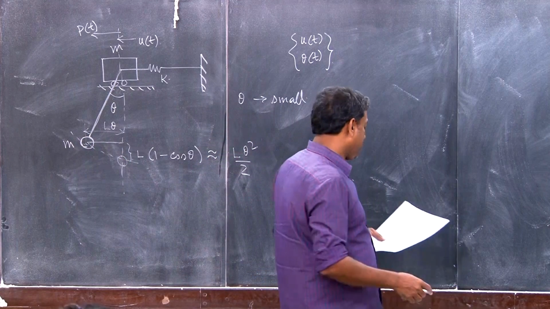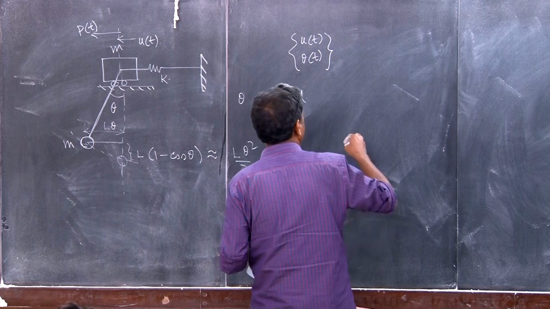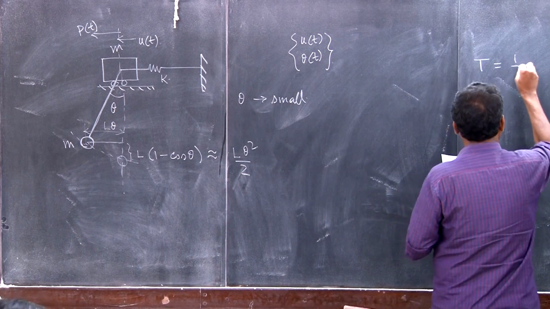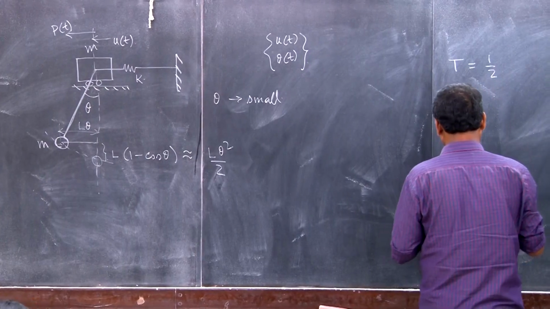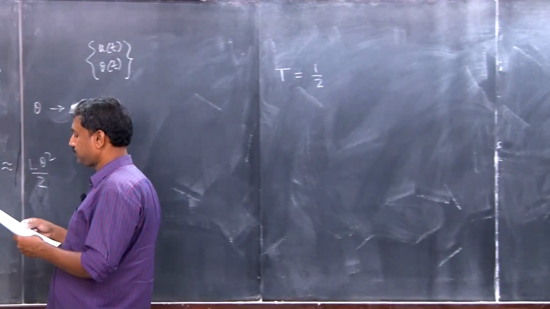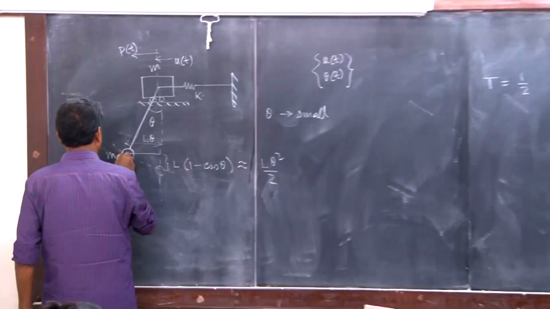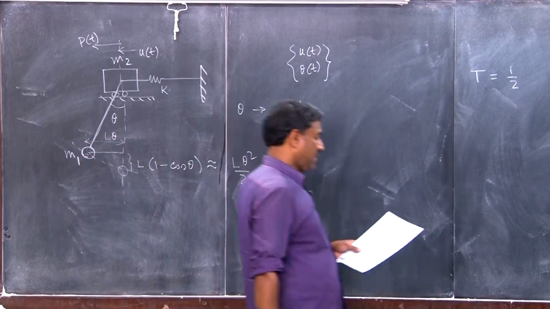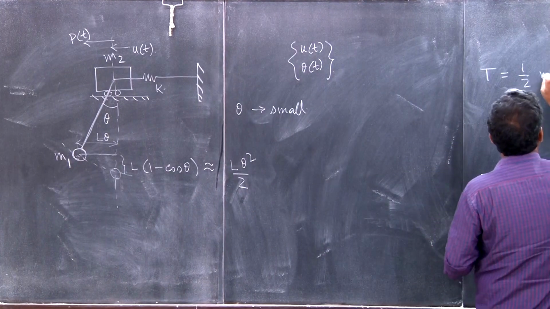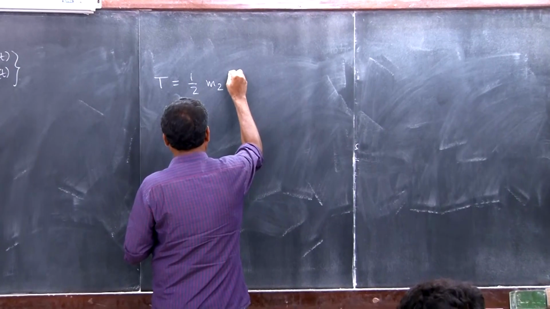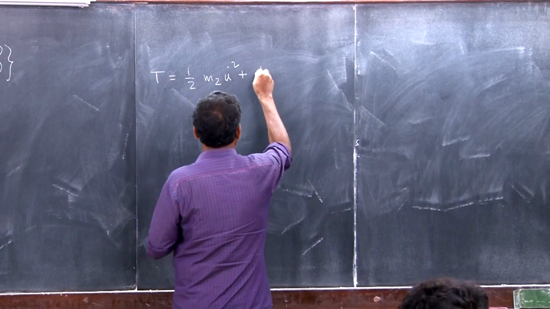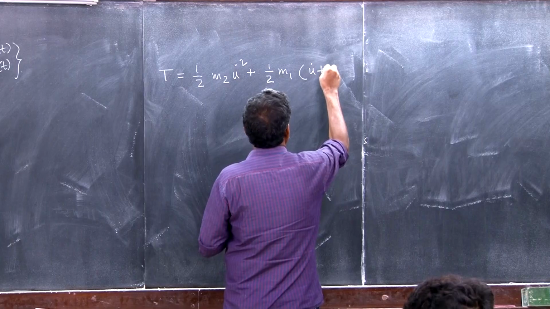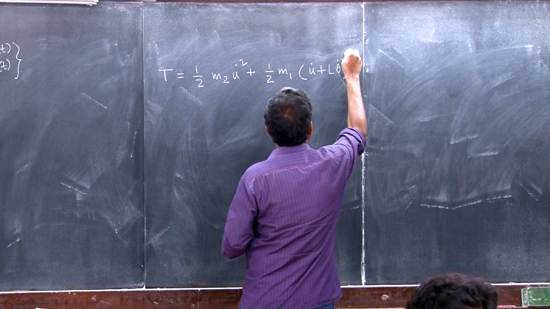So you can clearly understand what the kinetic energy T is. Let's assume this is M1 and this is M2. Kinetic energy is half M2 u dot square plus half M1 (u dot plus L theta dot) square.